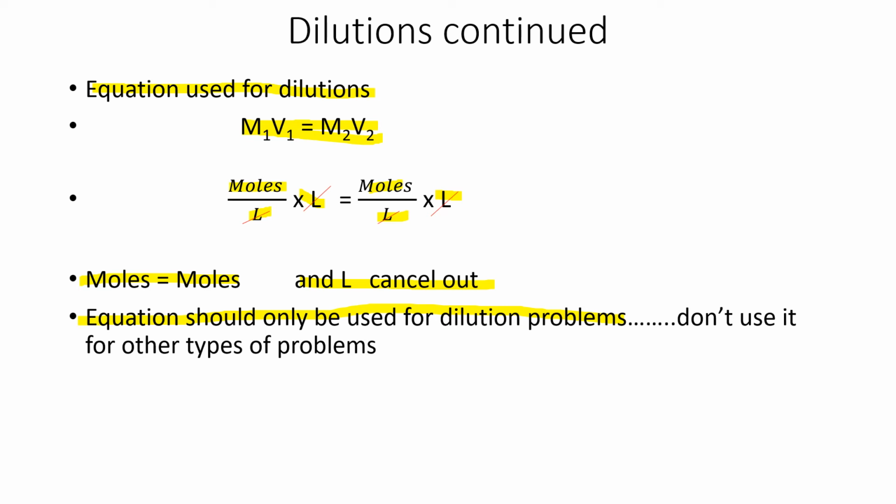It doesn't work for other types of problems. Don't use it for any problem that's not a dilution. And here's why. For most other problems, this fact of moles equaling moles is not going to be true, which means this is not going to work. So only use this equation when you're doing a dilution problem.